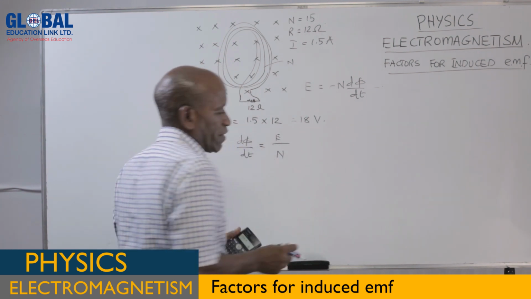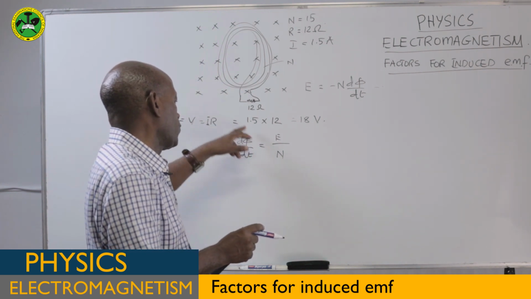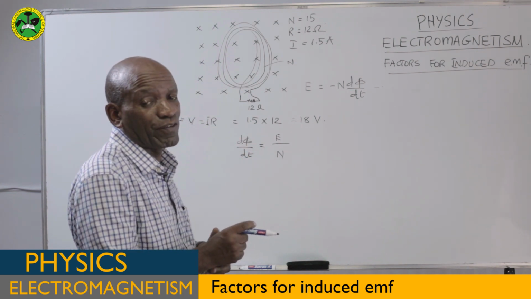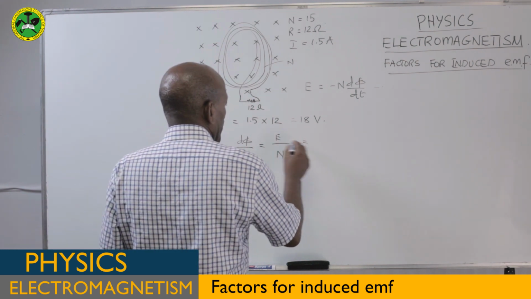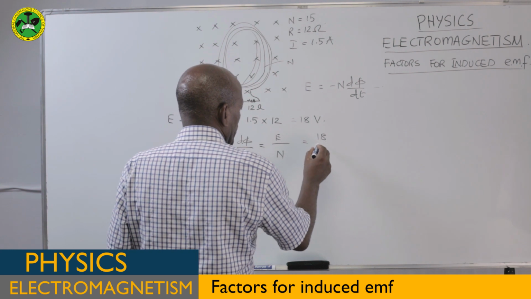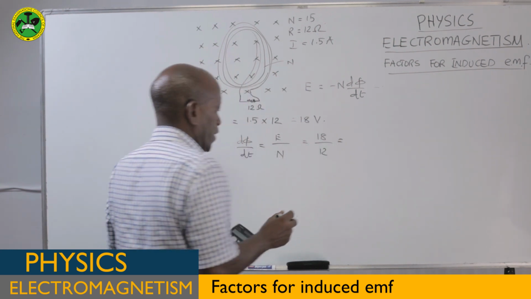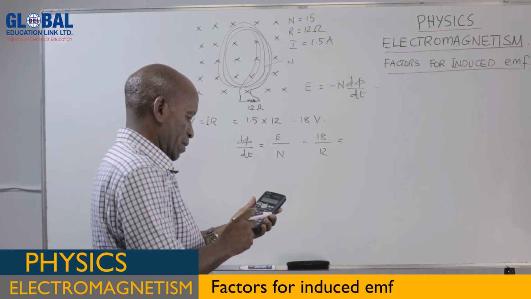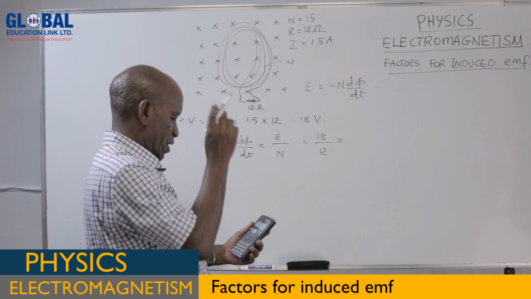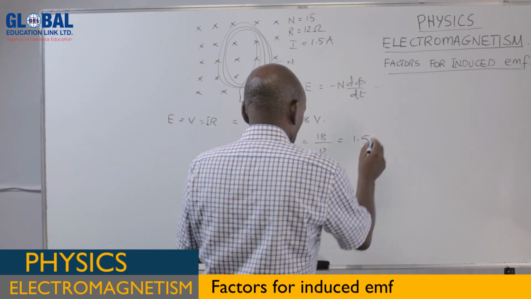The negative sign is not so much important to us, because we just need to know the variation of the magnetic field that interacts with the coil. So the EMF there is 18 volts, and the number of turns is 12, so we can calculate and obtain 1.5.